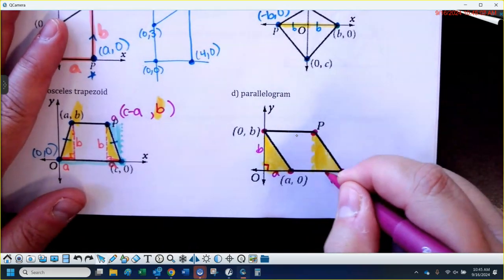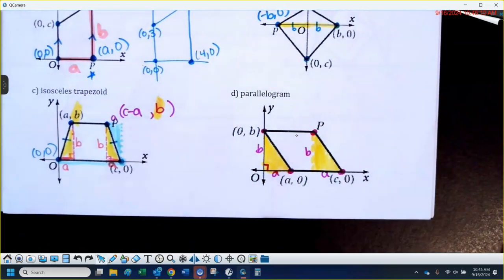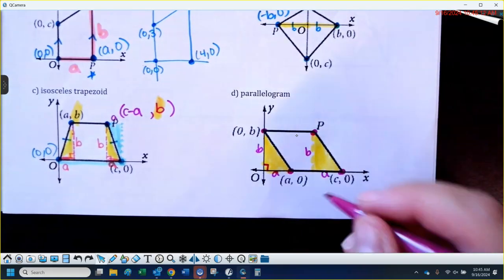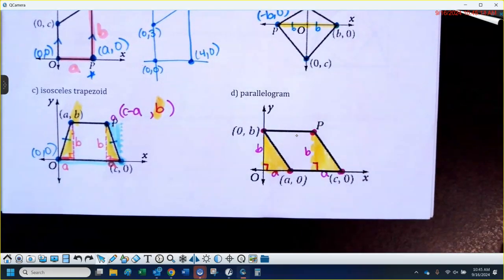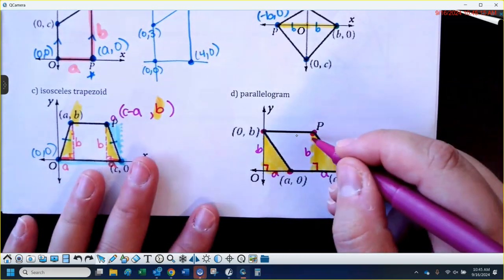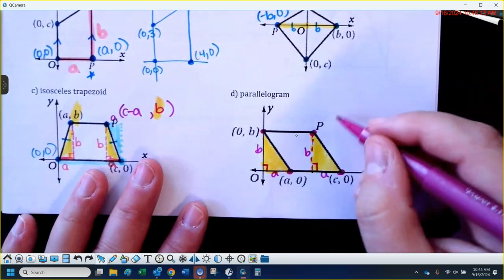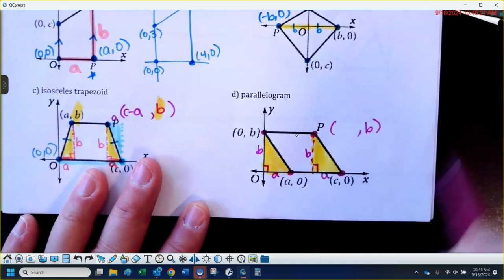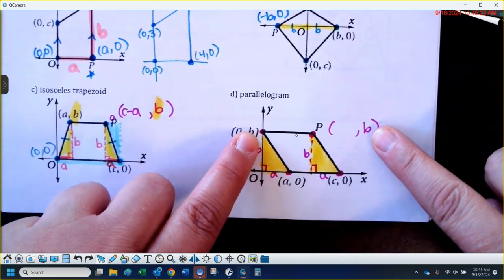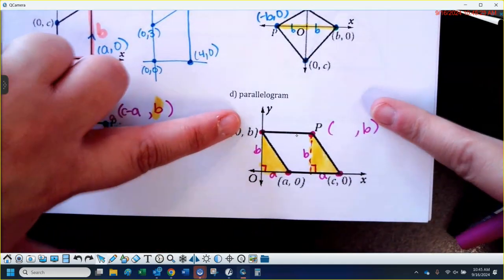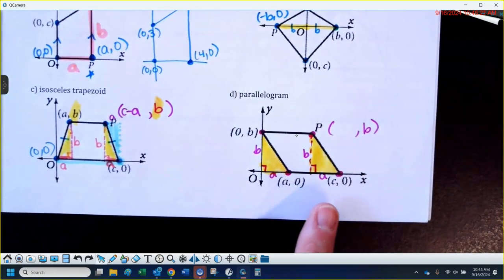Across the bottom, this would be A, and it's going up to the same height, so that would be B, and I'm dropping that straight down, so at a 90-degree angle. Point P up here has the exact same y coordinate as this point because they're up at the same height. And this is actually identical to the last question.